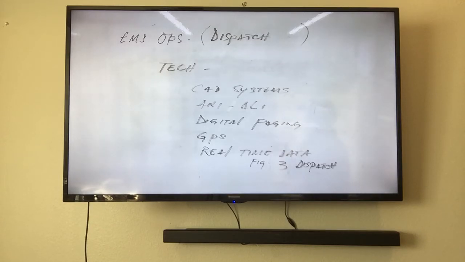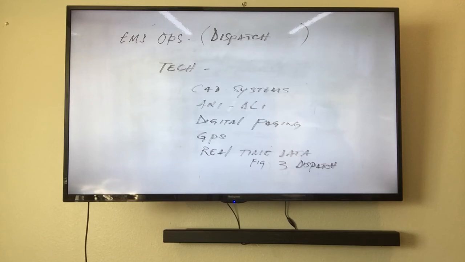Still, something has to be inputted into these CAD systems, and we still need to take that information and send it out to a data display or mobile unit that is either in an EMS unit or a corresponding element's data terminal in order for them to see that information. And the information is only as good as what we can put in or what we receive from the reporting party. Again, some of that information is a numerical identifier and a type of logistical identifier that's given to us.